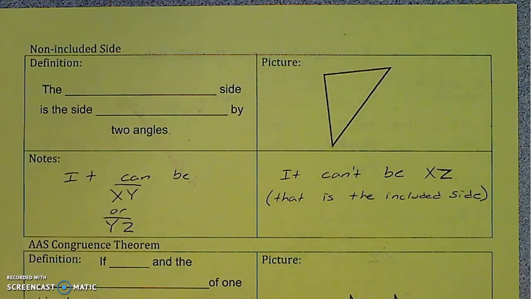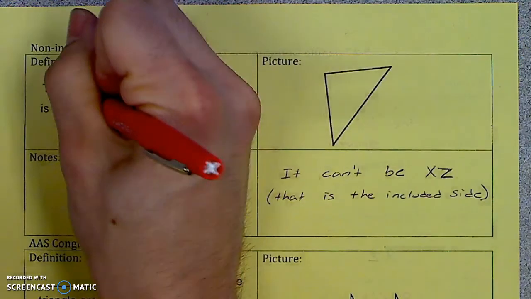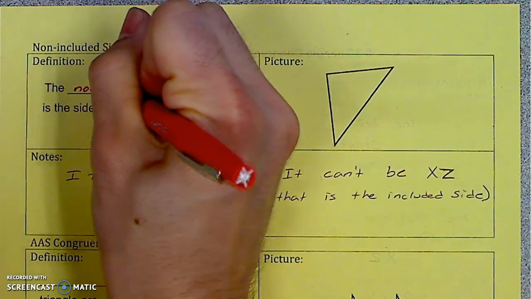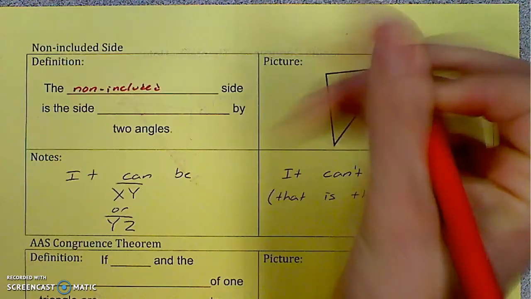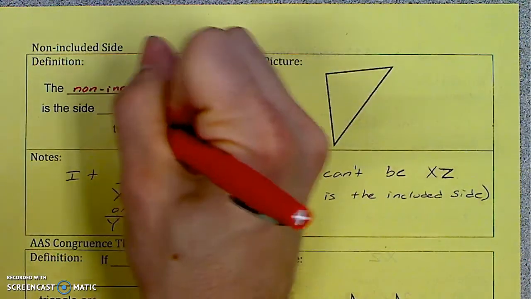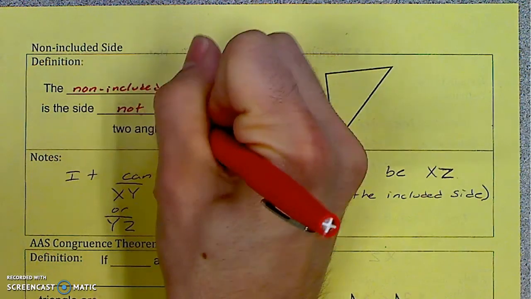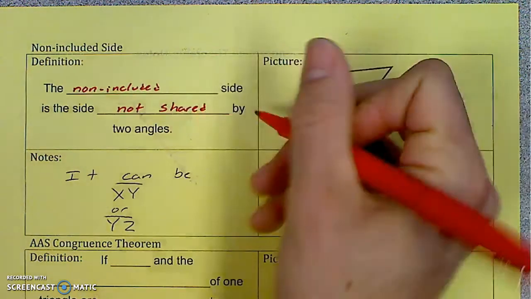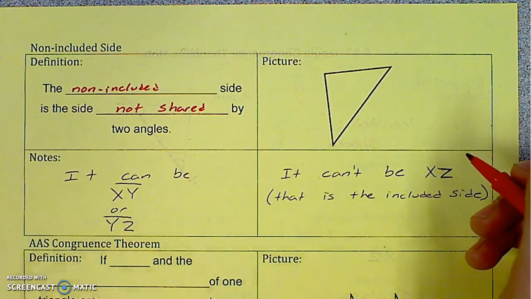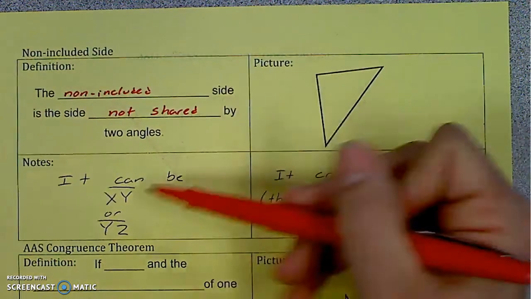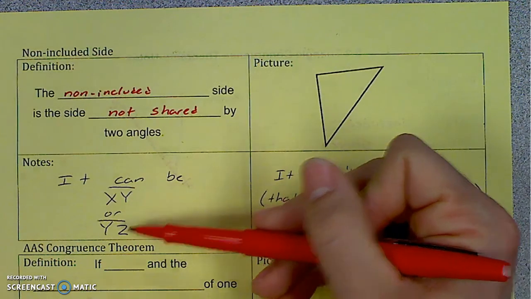Now we flip the page over and let's look at the other side: the non-included side. The definition: the non-included side is the side not shared by two angles. It can be XY or YZ. So let's plot it.